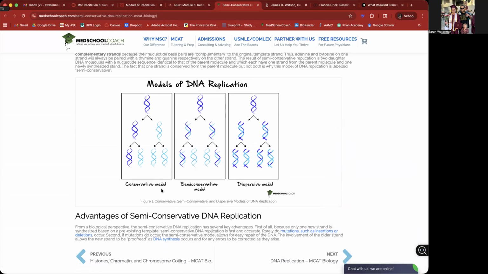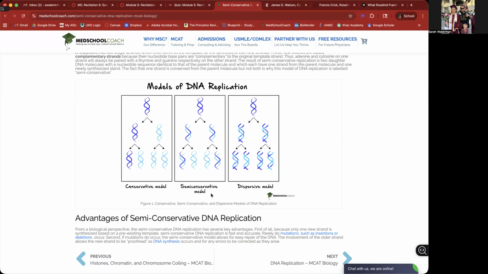In a conservative model, both of these strands will be replicated, but when they come together to create the two daughter molecules, one double helix DNA will have both the parent strands, hence the dark blue, and the other double helix will have both the daughter strands, which is the light blue. So that's the conservative model.